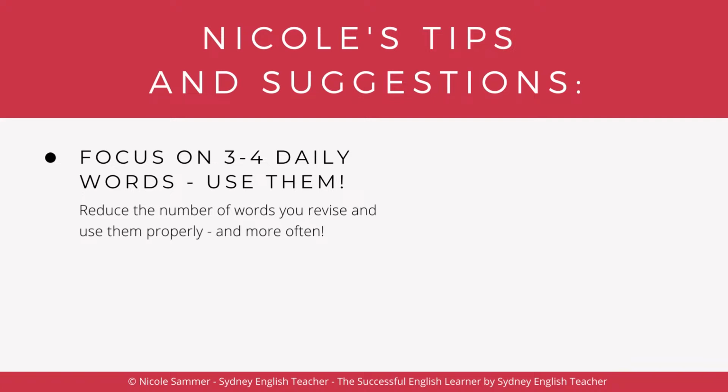Instead of revising just once a week and revising 100 words, make it a daily activity, make it more frequent, more regular, something that you make part of your daily routine and that you enjoy, that you look forward to. I'd recommend 3 or 4 words a day. That's the ideal number. If you want more, then an absolute maximum of 5 or 6 words, no more than that.